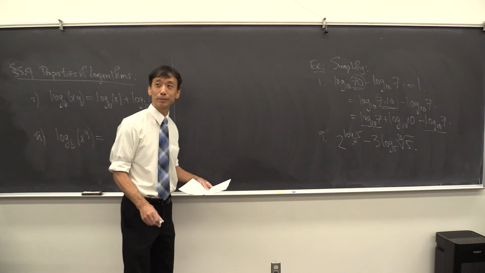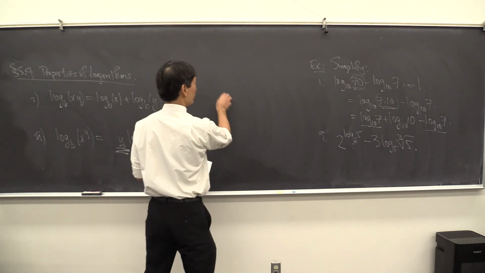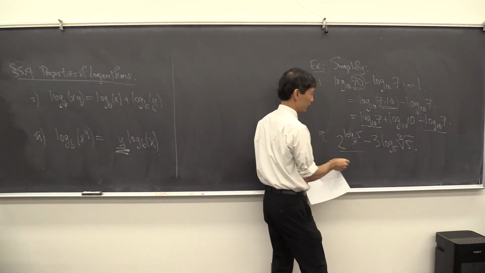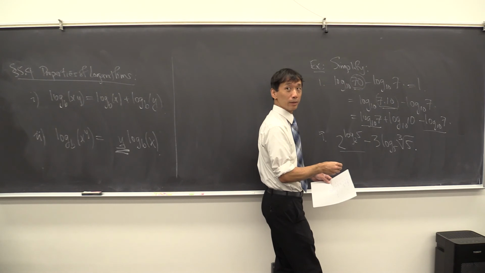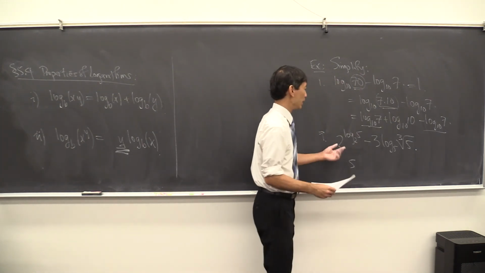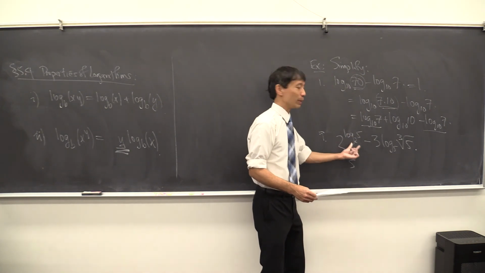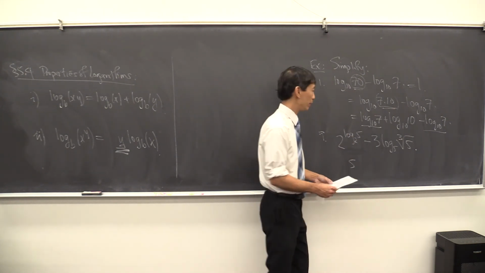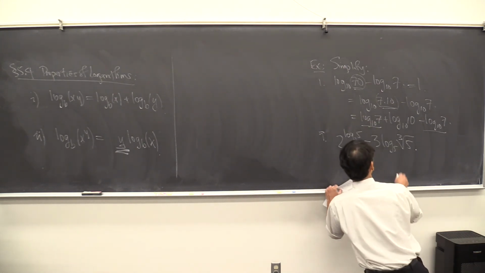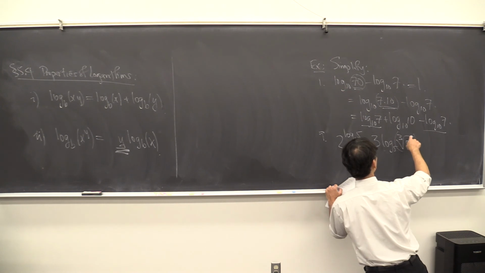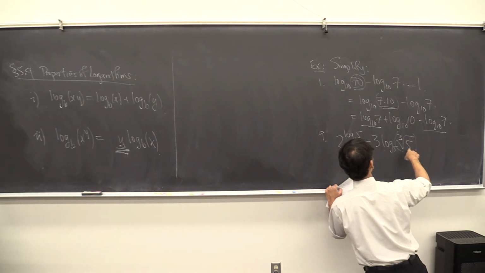Anybody got an answer? Zoe? No, 4? Let's see. So 2 to the log base 2 of 5, what happens to that? Just 5, right? Because you've got 2 to the blah and log base 2. Those are inverses of each other, so they cancel, leaving 5. What about over here? We have log base 5 of 5 to the 1/3 power.